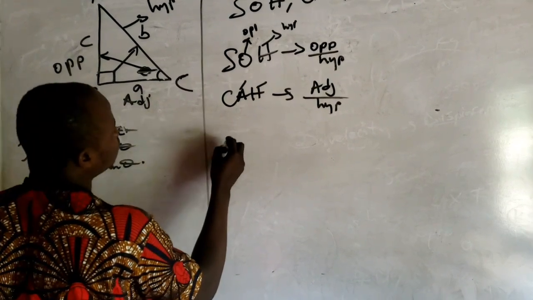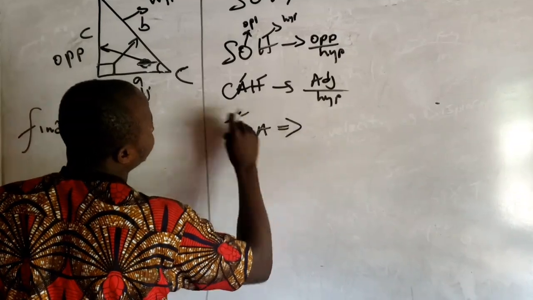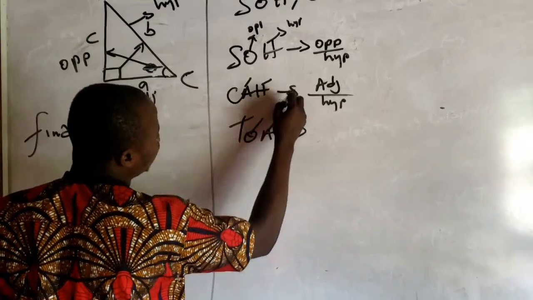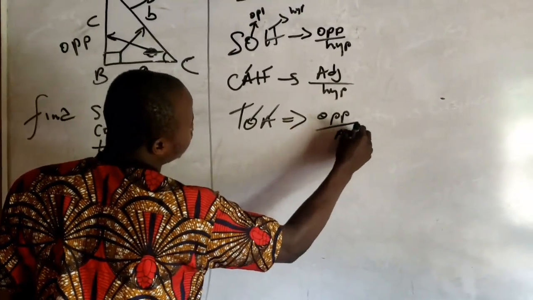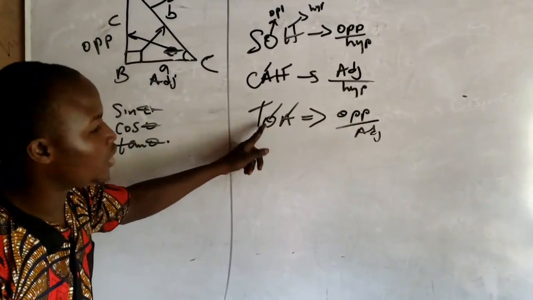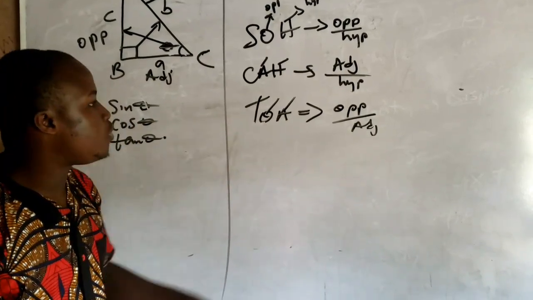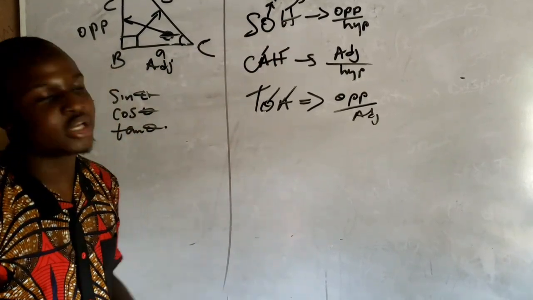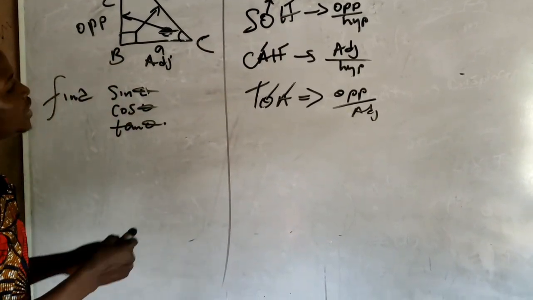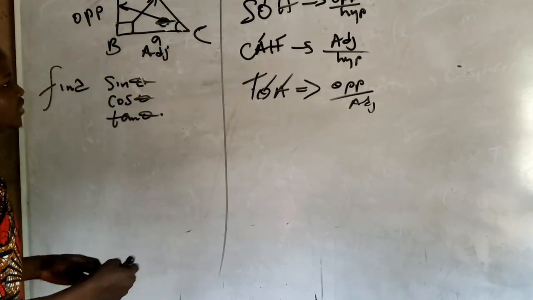When we talk about TOA, we talk about opposite over adjacent. The first one is the numerator, while the second one is the denominator. O stands for opposite, A stands for adjacent, while H stands for hypotenuse.